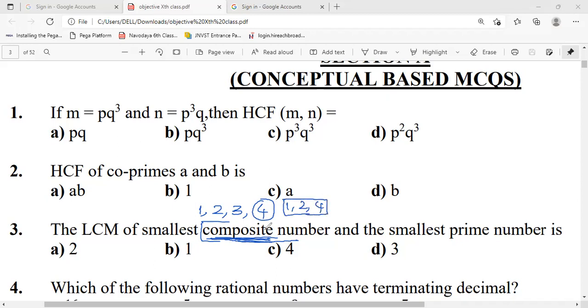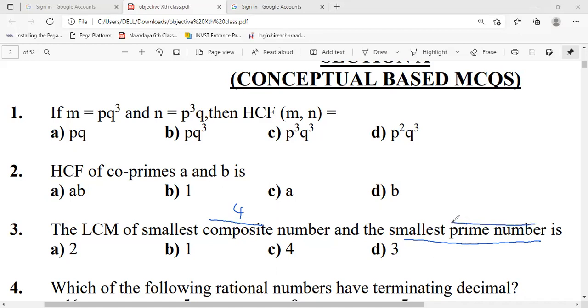That's the reason the smallest composite number is 4. Next, the smallest prime number. 1 doesn't count as a prime number because every number system has some definition, and we have to take the numbers according to that. A prime number has only two factors.